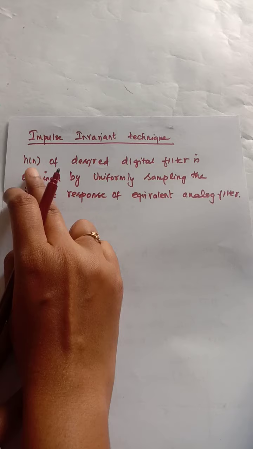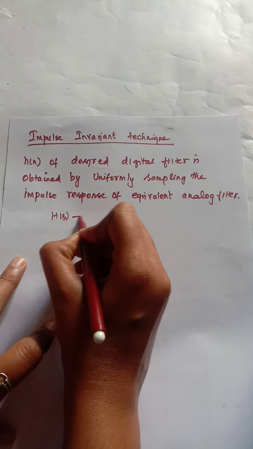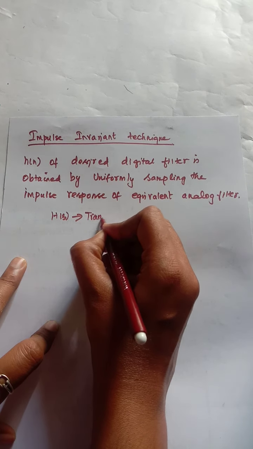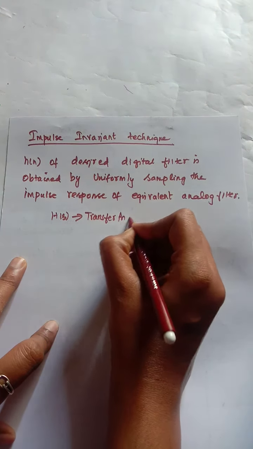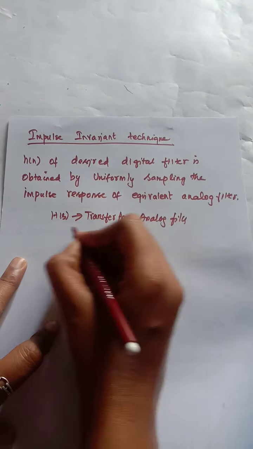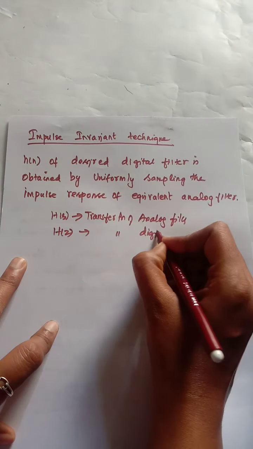Now, how do we obtain this? H of S is the transfer function of the analog filter. H of Z is the transfer function of the digital filter.